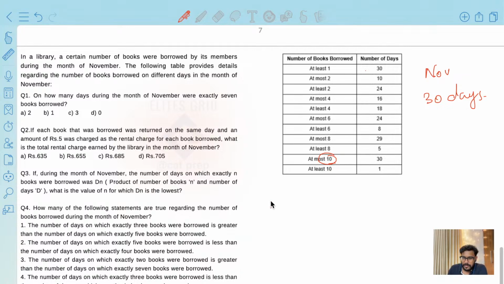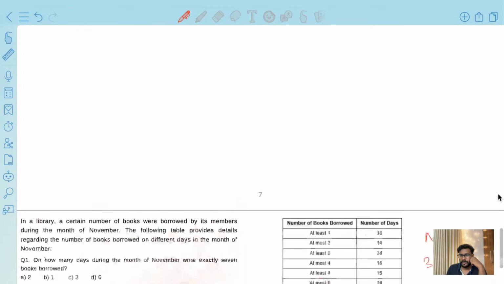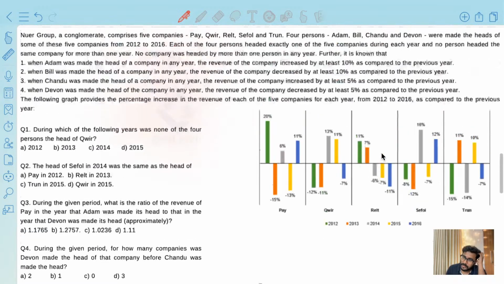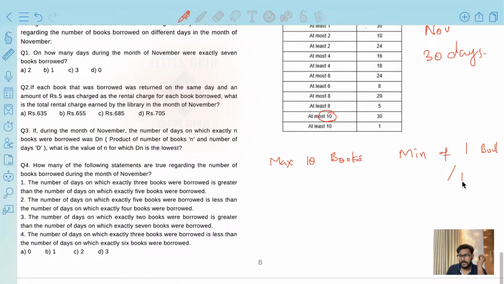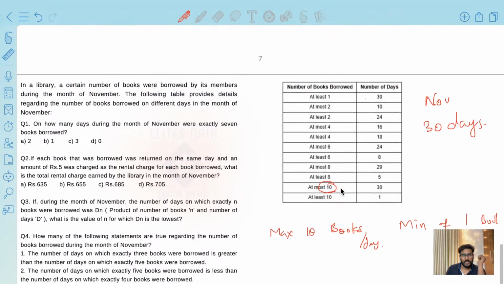So maximum 10 books borrowed. And a minimum of one book per day, right? One book per day, maximum 10 books per day. So what's the question?